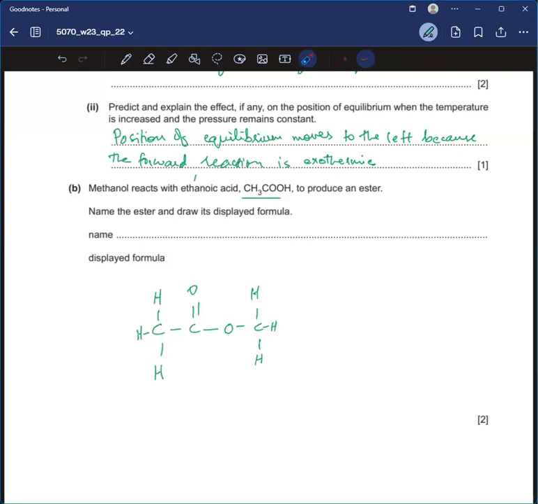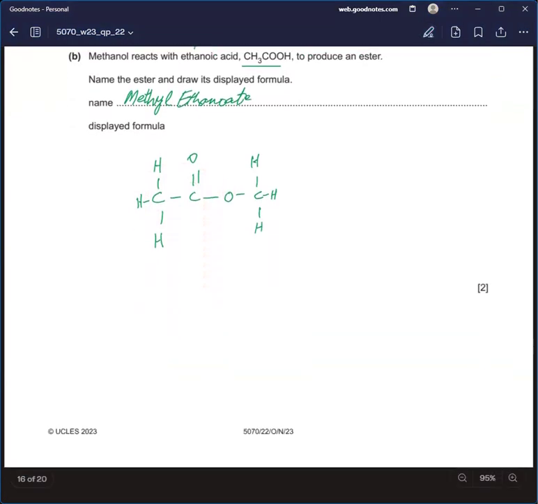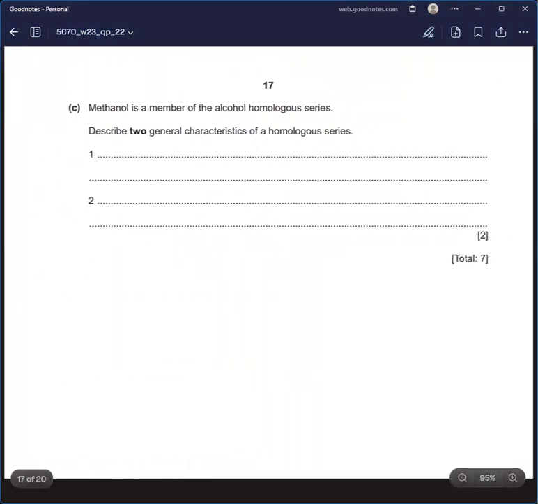Here we have one carbon, so I would write methyl, and I have two carbons before the singly bonded O, so I would write ethanoate. Okay, perfect. Let's move towards the next question.